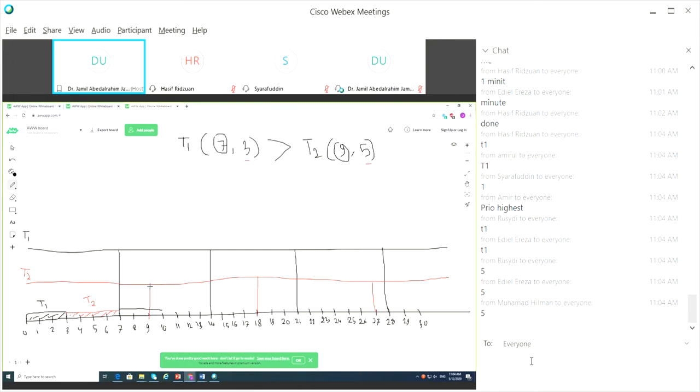You see here, new period for task 2. But task 2 cannot preempt task 1 because task 2 has lower priority compared with task 1. So we continue. We ignore the new period of task 2.